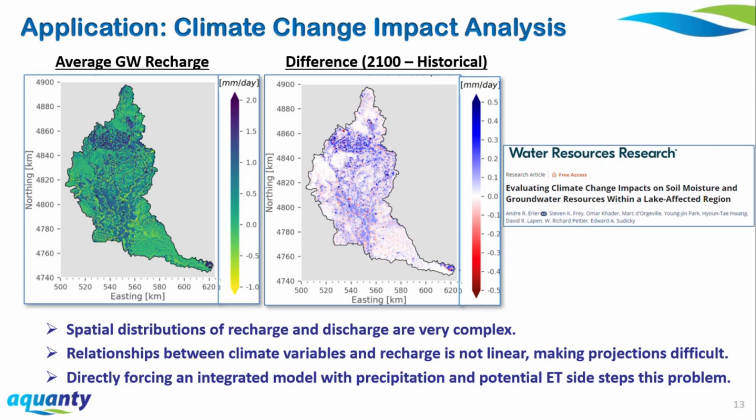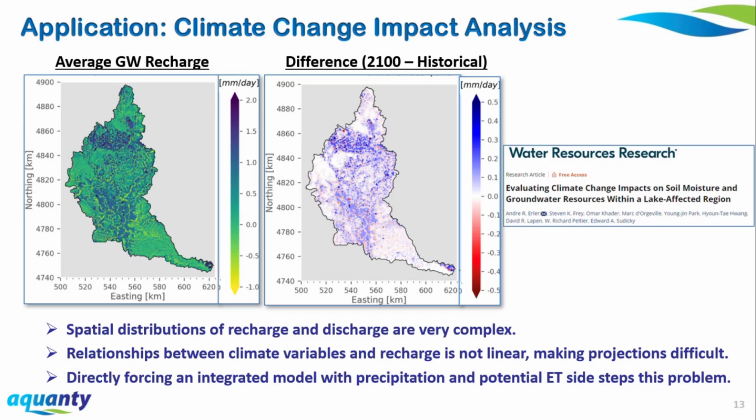What makes HGS well suited to climate change impact analysis is that it's fed with precipitation and potential evapotranspiration, and both of those are typical outputs from climate models. So there's essentially a fairly direct mapping of inputs from the climate projections into an integrated surface-subsurface model. The model's typically calibrated to historic climate conditions, and then the climate projections can be directly added after that.